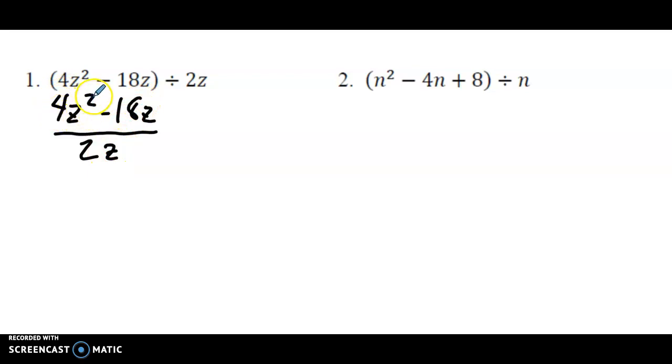So 4z squared divided by 2z is 2z, and negative 18z divided by 2z is negative 9, and that is the quotient. We do have to state the excluded values, and when you have a variable as a monomial, the excluded value will always be 0, so z cannot equal 0.